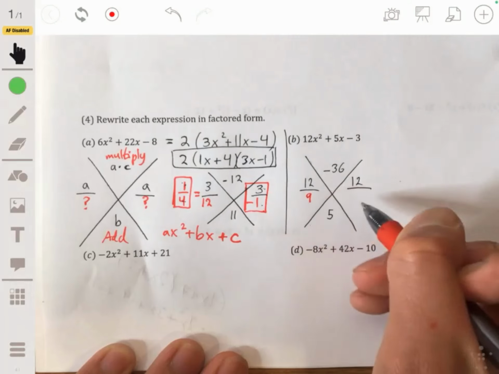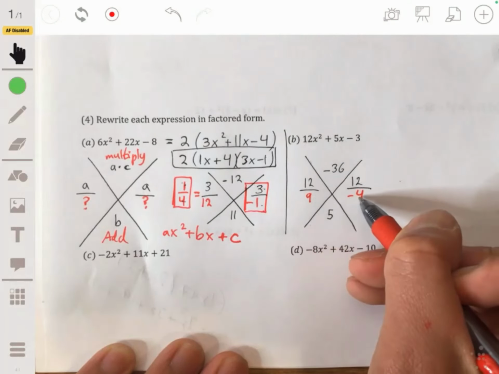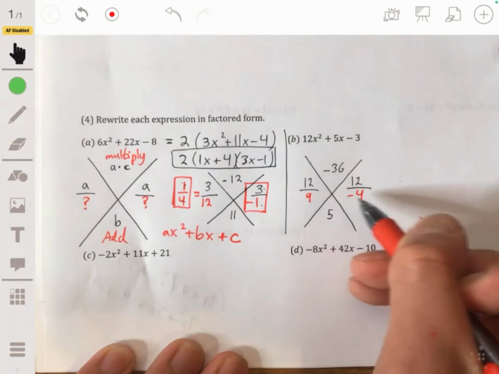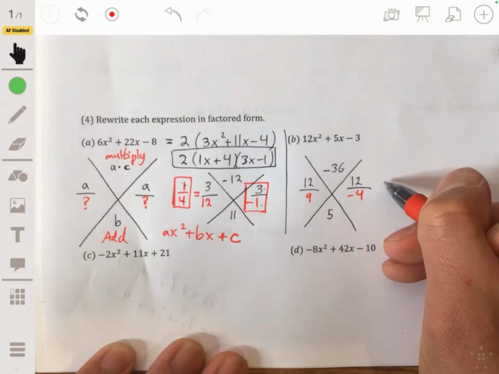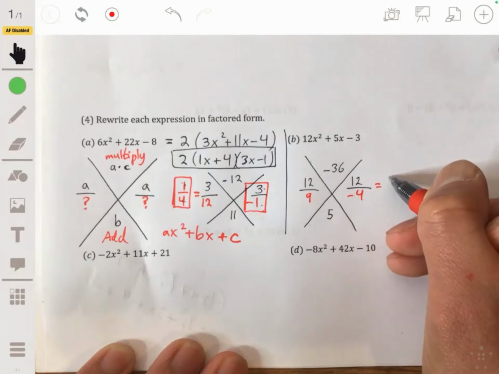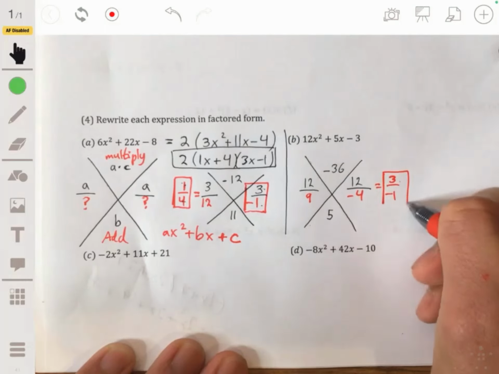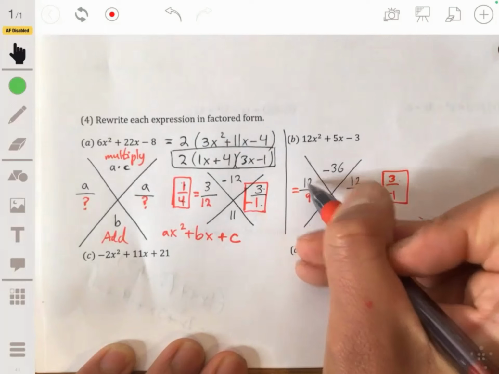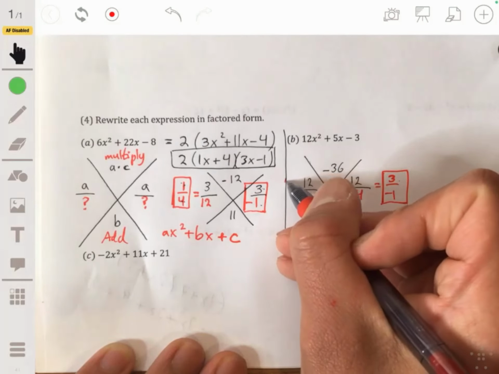And that would be 9 and -4. 9 times -4 is -36. 9 plus -4 is 5. And again, reduce these. So reduce 12 over -4 into 3 over -1. And 12 over 9 reduces to 4 over 3.